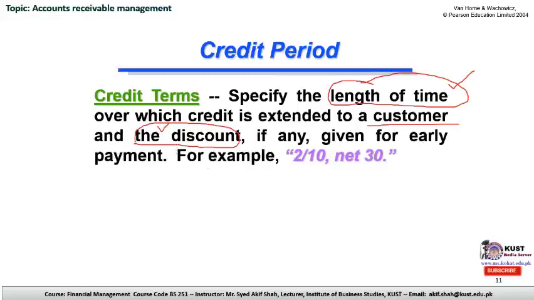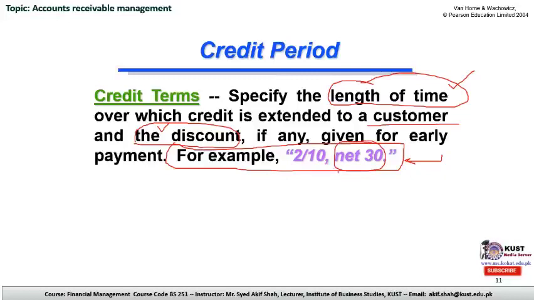For example, we have written over here a particular narration which can be read as 2/10 net 30. Now, what does this narration mean? That a particular company is offering credit sales to the prospective customers on the basis of a maximum time period of 30 days.